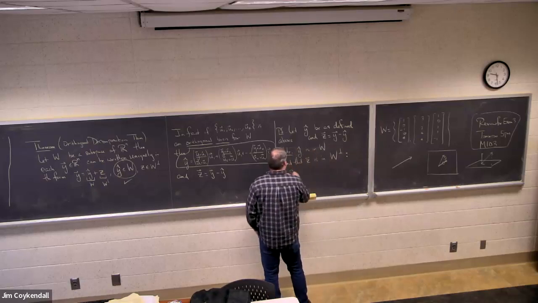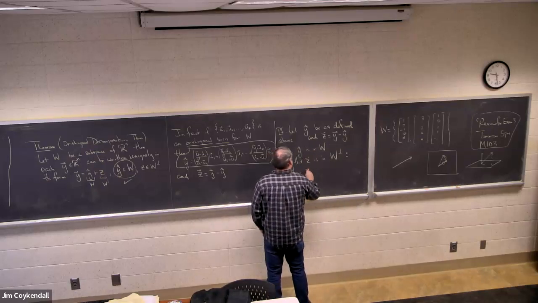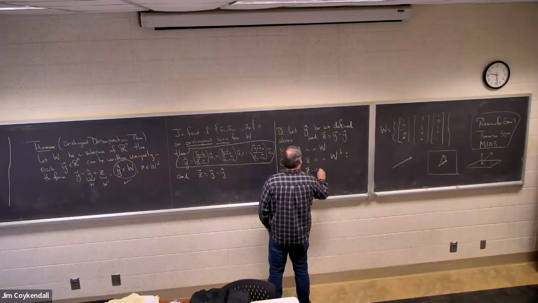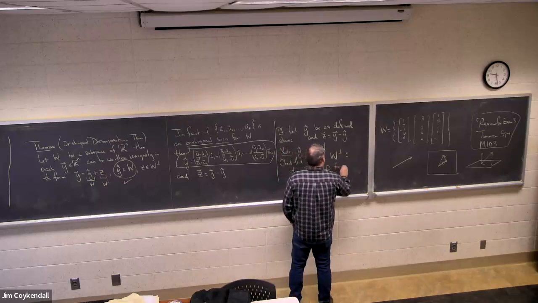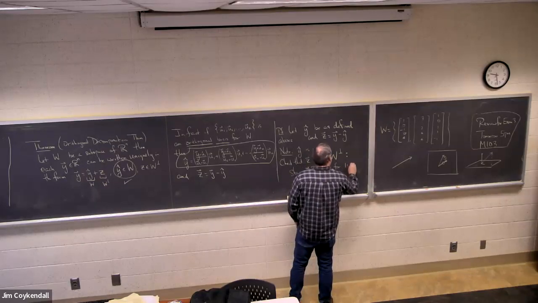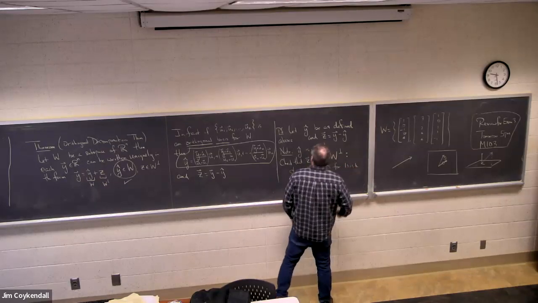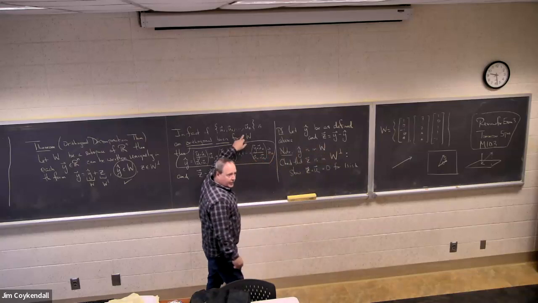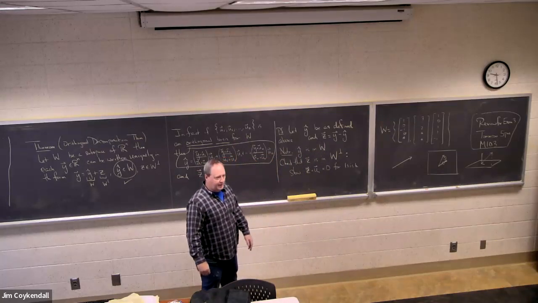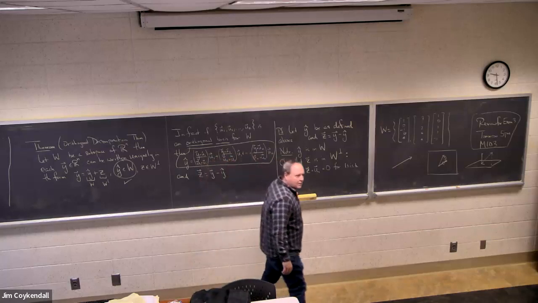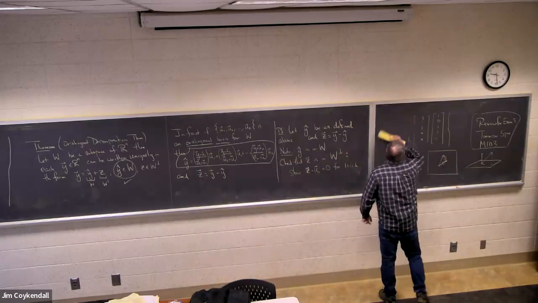So to accomplish this, we show z dotted with ui is zero for all these basis elements, right? Because if z sits at a right angle to every basis element, it's in W perp. Everybody agree with that? Okay, well, let's just do it.